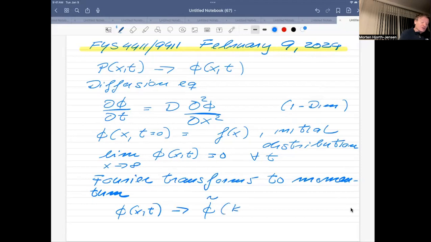And this becomes a function of the momentum, the linear momentum k, which is now a scaled quantity in our case. So we are putting this tilde on phi to indicate that this is now the function in momentum space, and we have performed a Fourier transform from x to k.